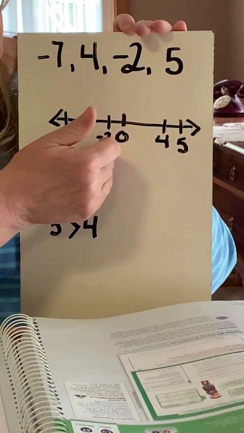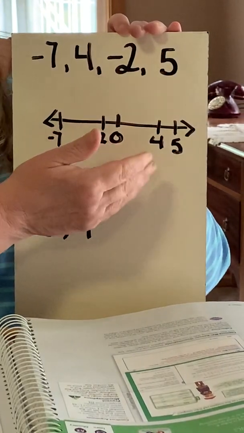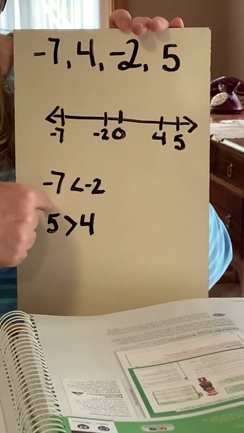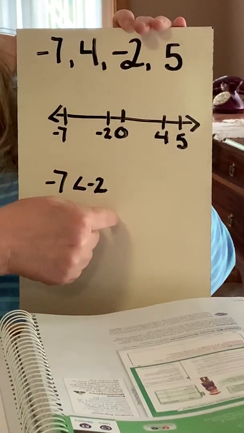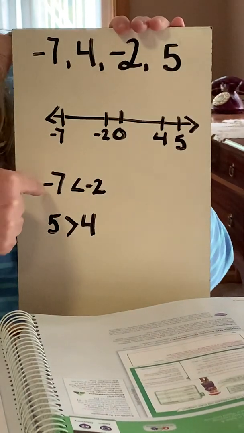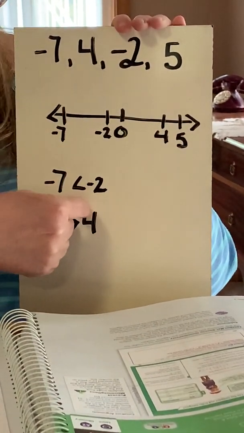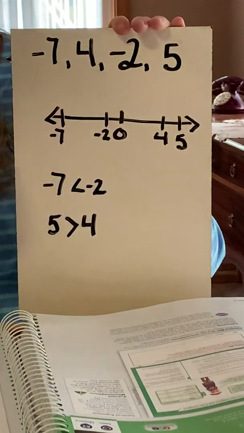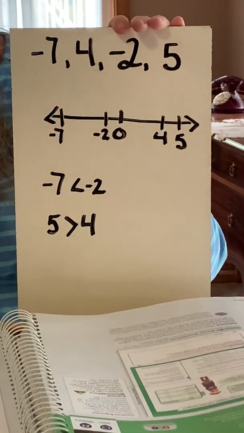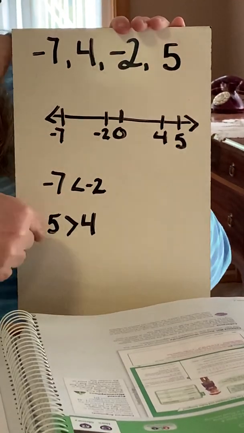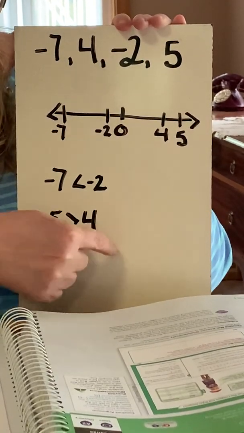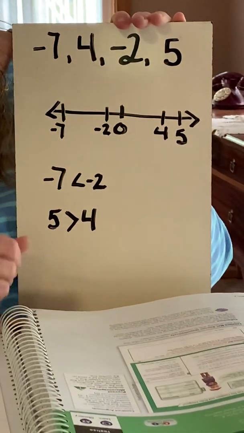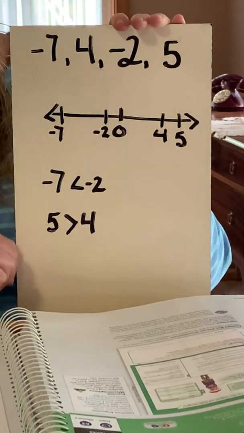Then you have negative 2, because I'm going this way, and then I have negative 7. And yes, negative 7 is less than negative 2. Or think about it, the opposite of 7 is less than the opposite of 2, because it's going further to the left. So this has a lesser value. Here I could have said that 5 is greater than 4. There are all kinds of statements you could make using the greater than and less than symbols, okay?